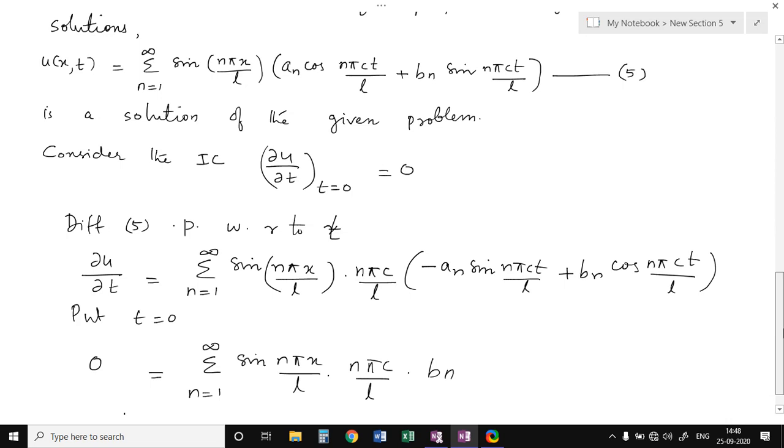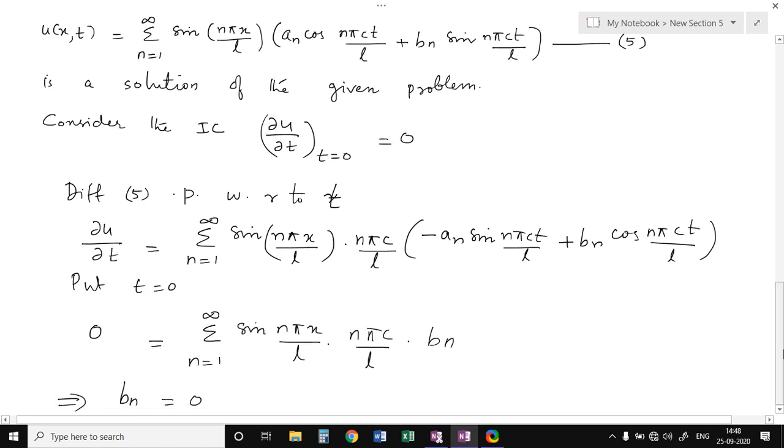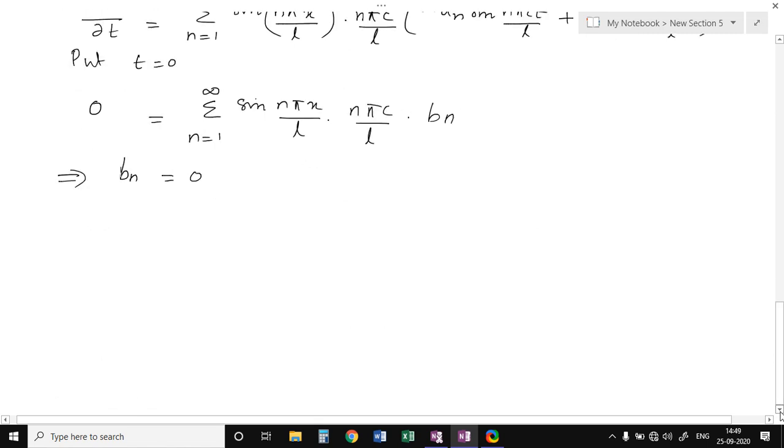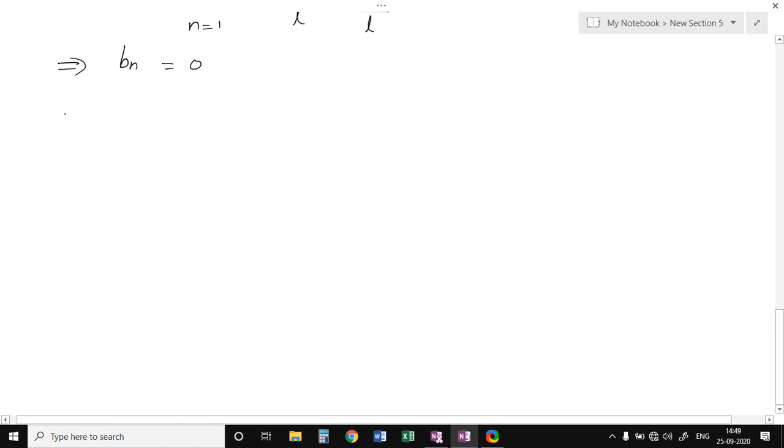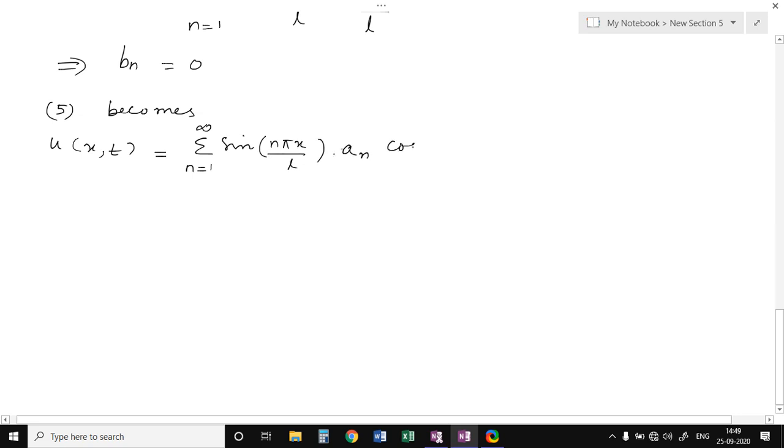So therefore equation 5 becomes u(x,t) equal to summation n varies from 1 to infinity sin(nπx/L) multiplied by an cos(nπct/L).